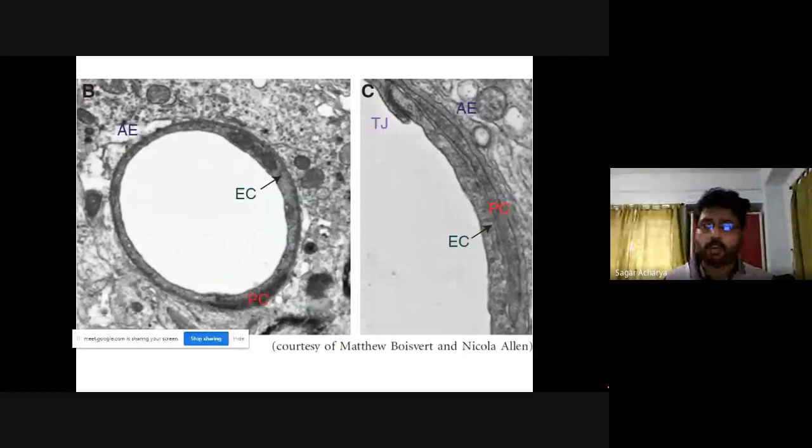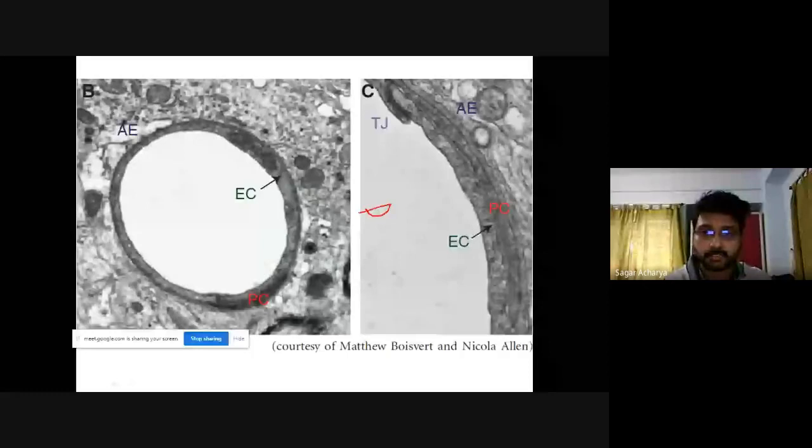One is continuous non-fenestrated capillaries. Continuous non-fenestrated capillaries means, if I draw here, like if it is an endothelial cell lining, within this cellular region there is a fenestra. Fenestra means pore or window.